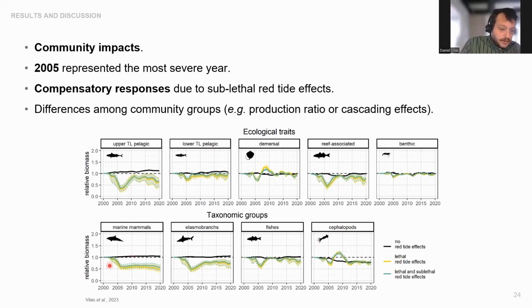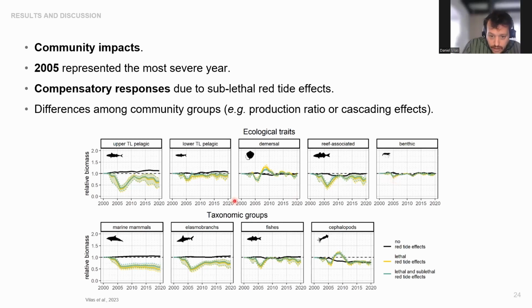There are some groups with a PB ratio which probably is not allowing them to recover, others that recover faster, or others that are affected less because of the overlap between their distribution and the red tide impacted area.